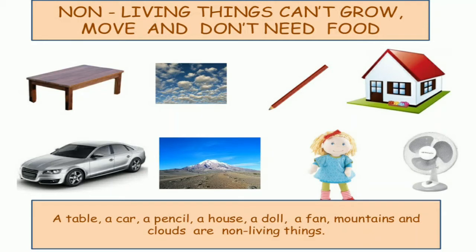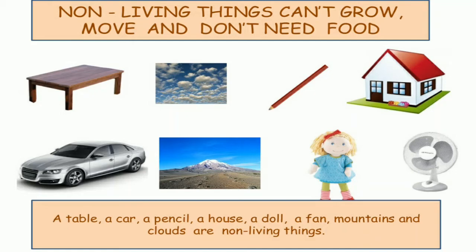Here we can see examples of a table, a car, a pencil, a house, a doll, a fan, and a mountain. Mountains and clouds are non-living things because they can't grow, they can't move, and they don't need food. Here we can see various examples of non-living things.